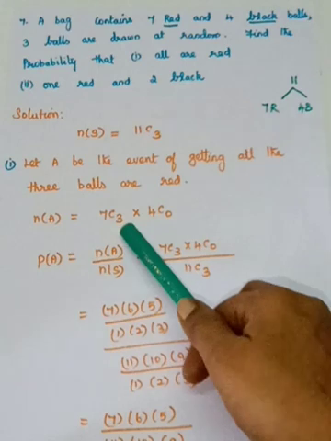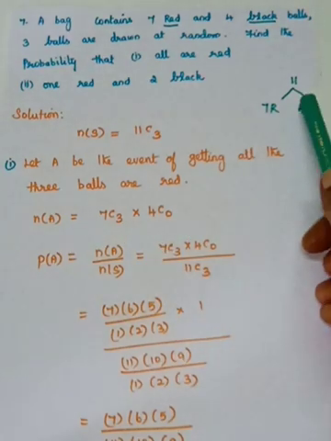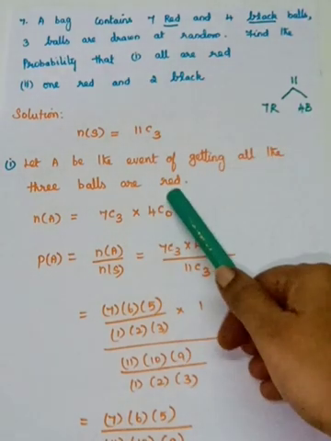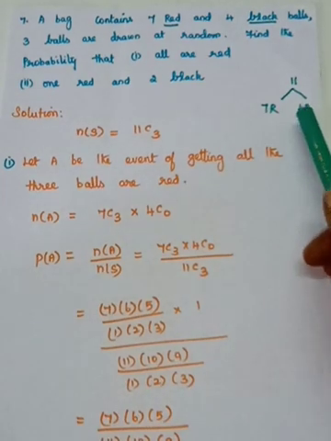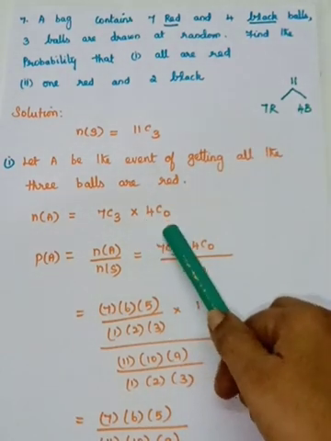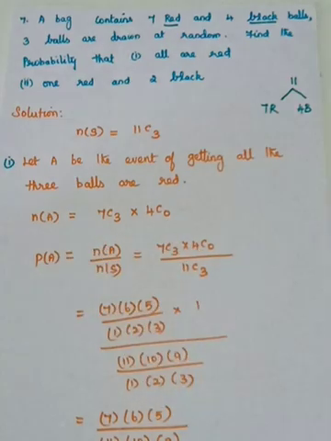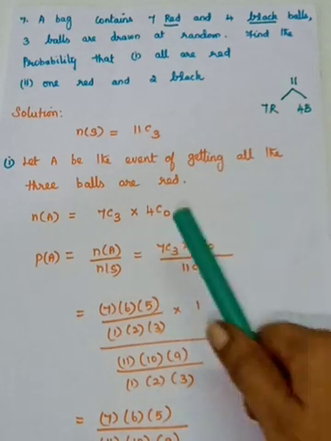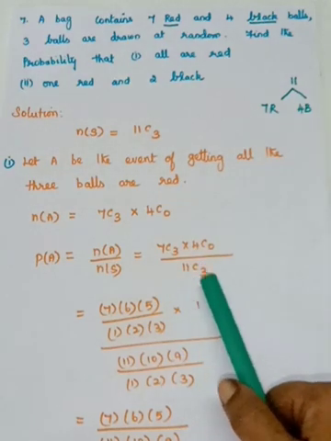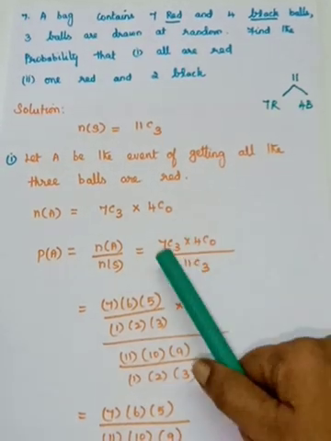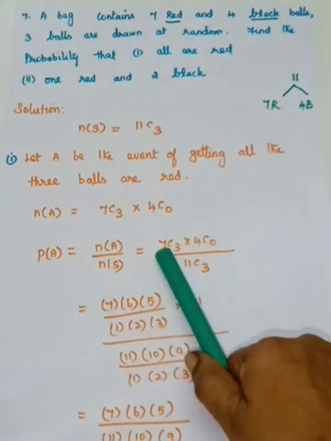At the same time, we are not choosing the black ball, because what is the condition? All the 3 balls are red. We don't want the black balls, so it is into 4C0. So P of A, how will it be done? N of A by N of S. Your N of A is 7C3 into 4C0. N of S is 11C3. 7C3, how to calculate? The starting number is 7.